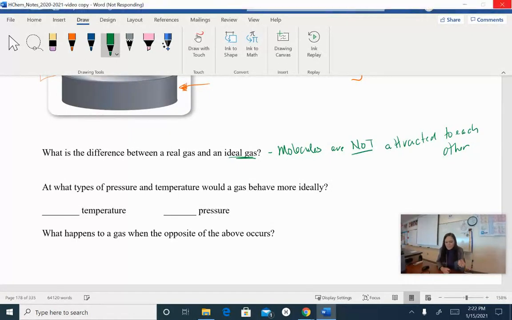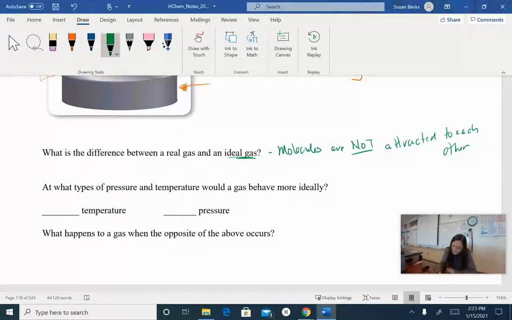No, we have things called intermolecular forces. Remember our polar molecules where we have some side that's positive and some side that's negative? They're going to line up together and attract each other like little magnets. So real gases actually have attractive forces.